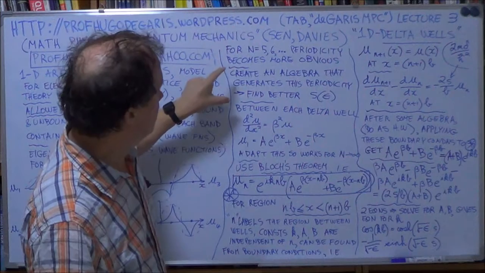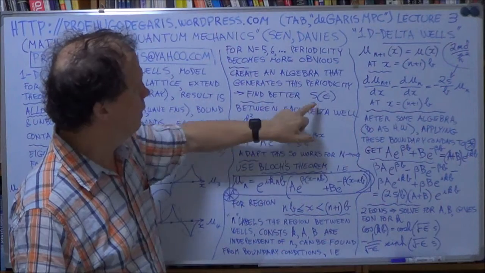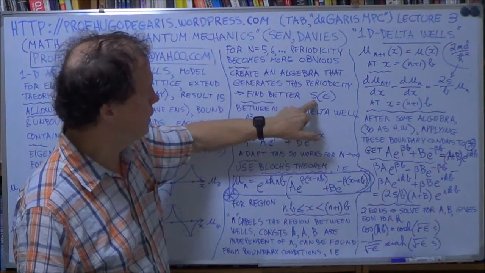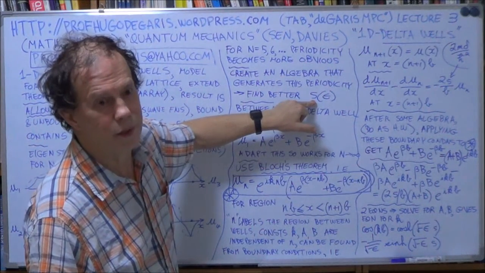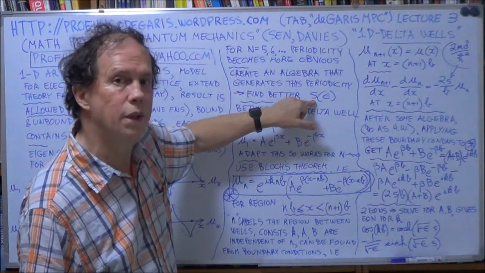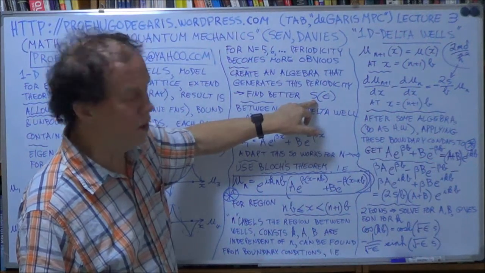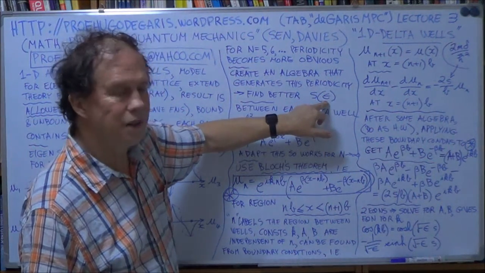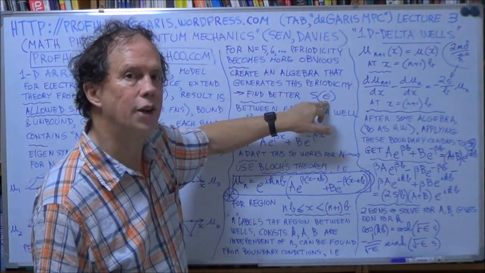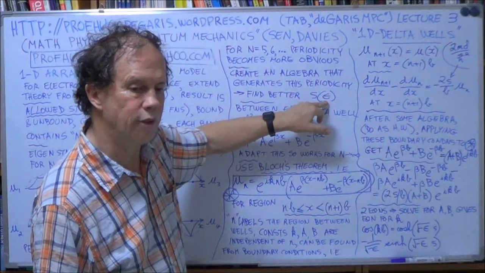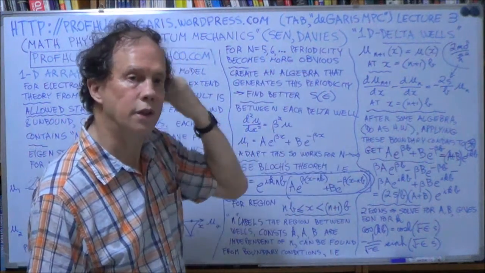All right, so the motivation now is to try to find a better formula. In the previous session, we had a formula for S. Remember, S was just a separation. It was some factor times little b, and little b is the distance between the wells. This S, this separation, was a function of eta, and eta was some factor times the allowed energy of the wave functions for what we did for three delta wells.